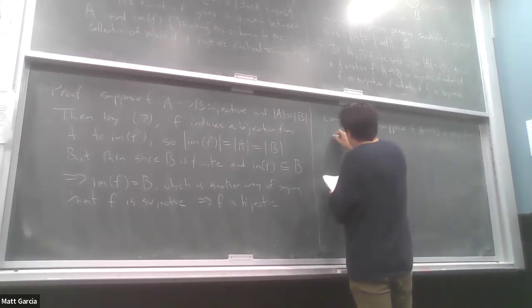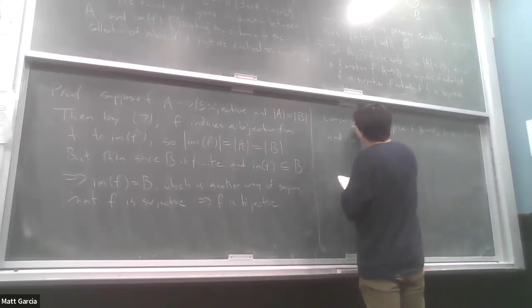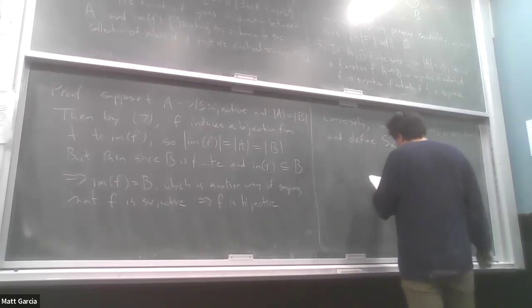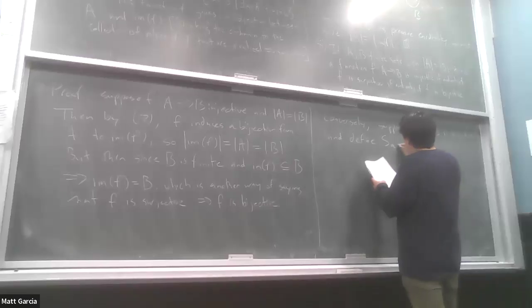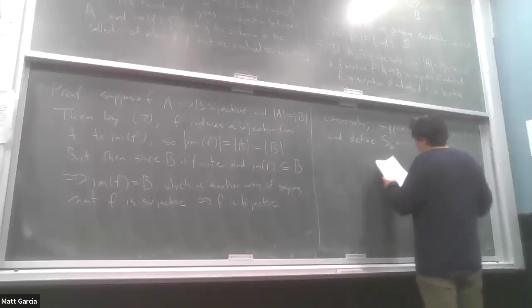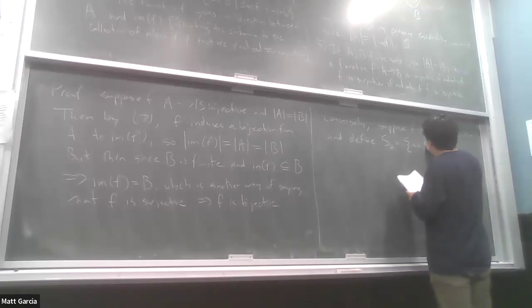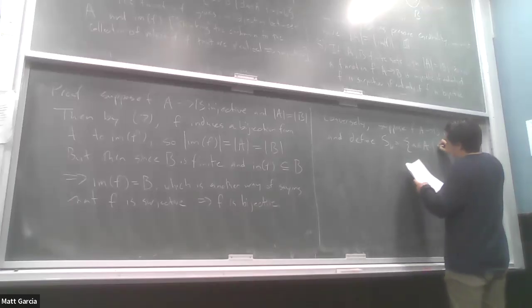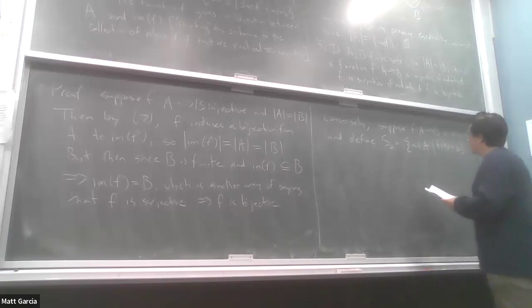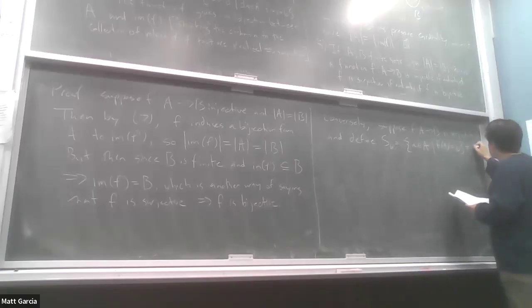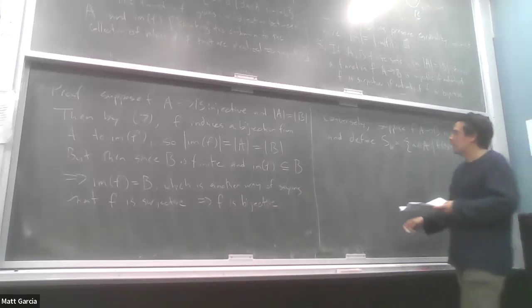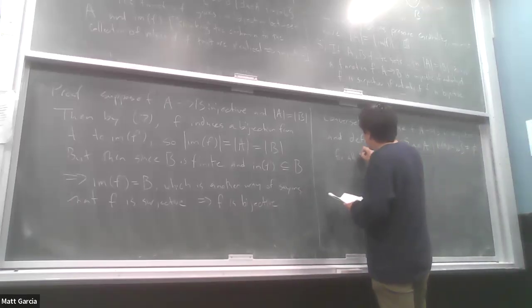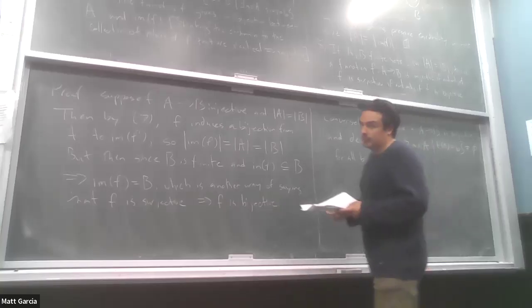And then let us define S sub B, call it, the set of elements A in A such that f of A is equal to B. Which I know is non-empty for all B in B.